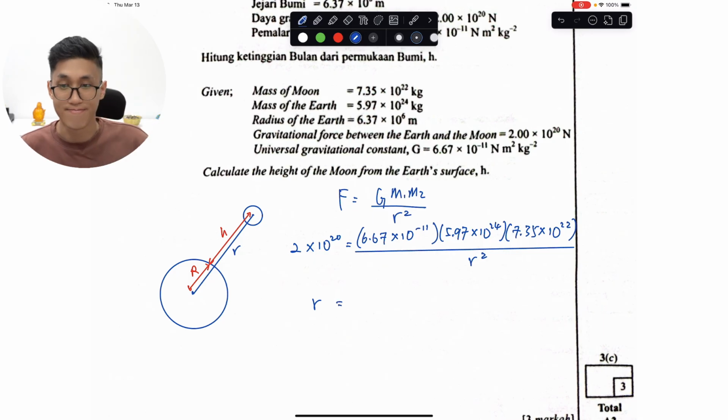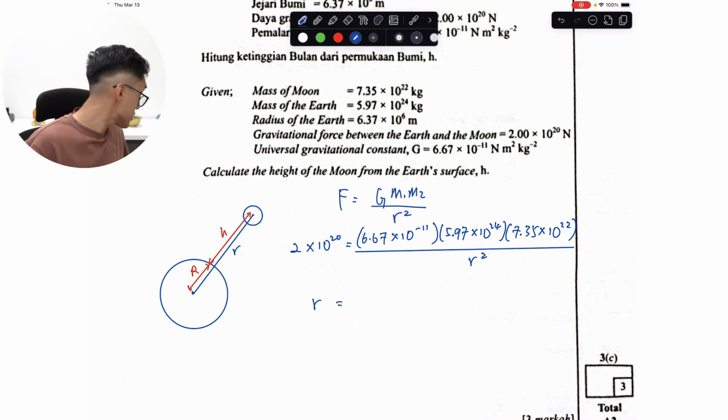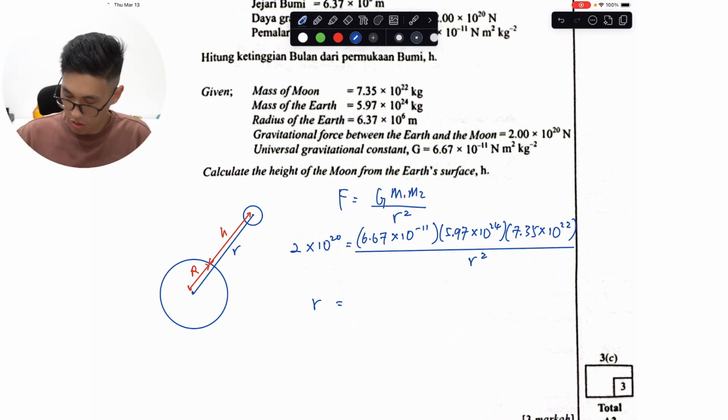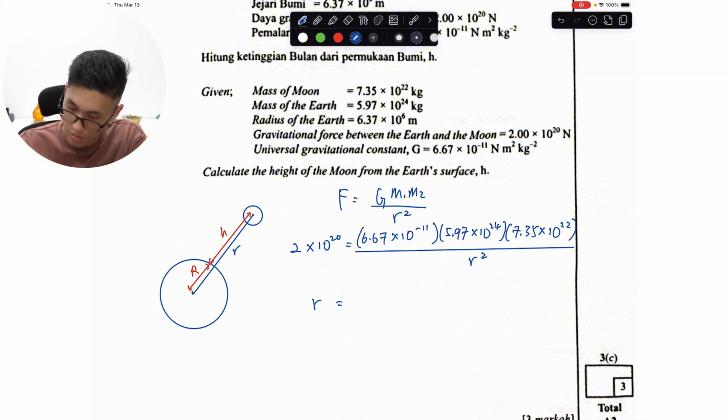Let me get my calculator first. Okay, so I can do this right now. 6.67 times 10 power negative 11, times 5.97 times 10 power 24, times 7.35 times 10 power 22, and then divided by 2 times 10 power 20.